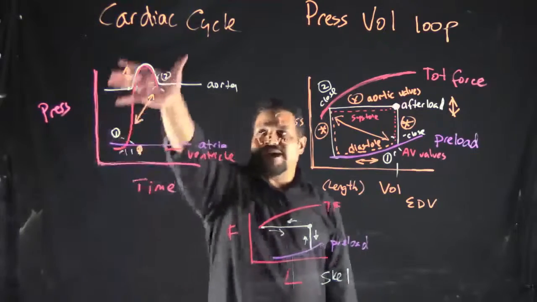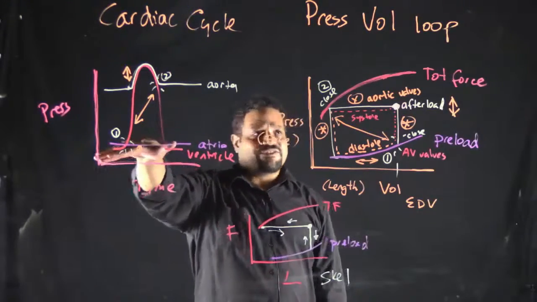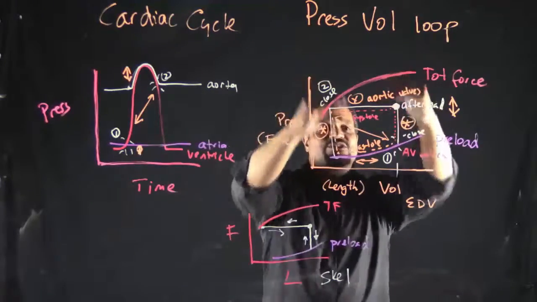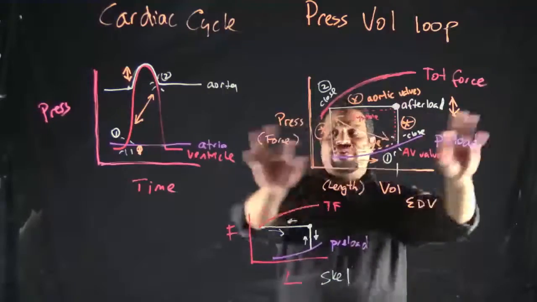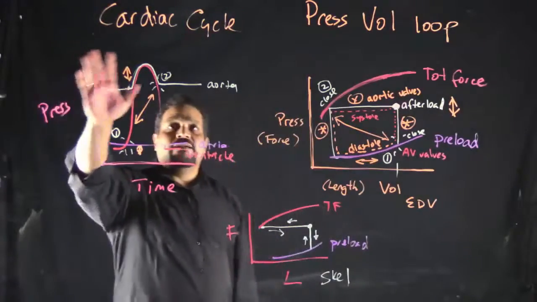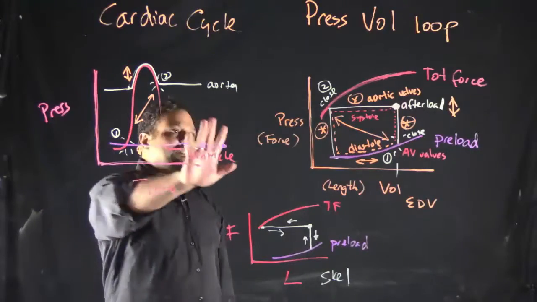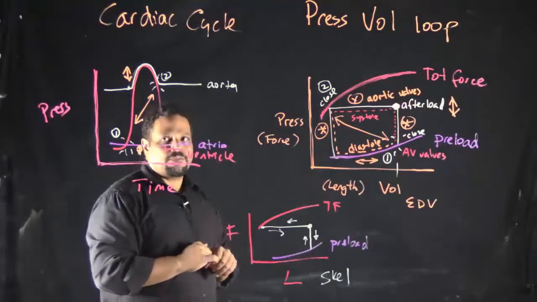In general, the higher pressures are the aortic valve and the lower pressures are the AV valve. That's a similarity with the pressure volume loop. Pressure volume loop doesn't have any time. The cardiac cycle doesn't really have any volume. So this way you can compare things together.